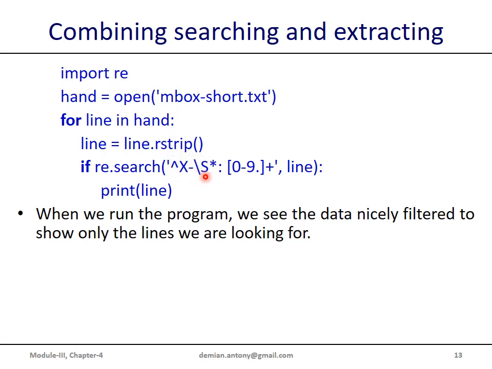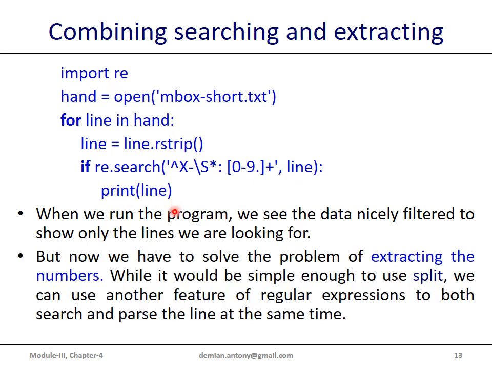Then you can have a dot star, where dot matches any character, or a backslash S, which matches a non-white space character. Then a mandatory colon and 0 to 9 and dot plus to represent at least one occurrence as a number. If this pattern is found, obeying this regular expression, we print the line.